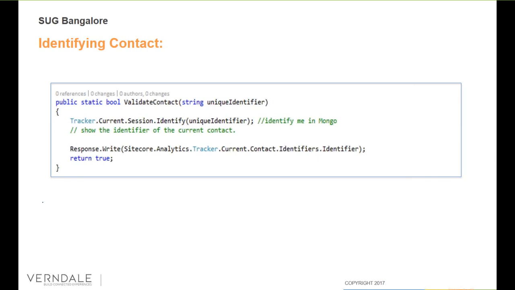If you're trying to identify a contact which is not there in our Mongo, that's not valid, that's an unidentified contact. But if a contact is valid and we access analytics.tracker.current.contact.identifiers.identifier, then we will get information about that identifier.